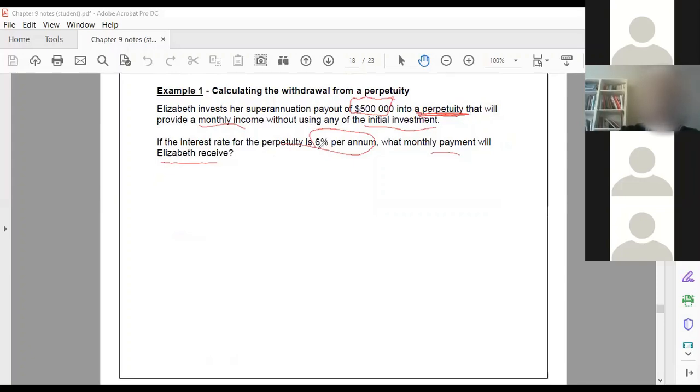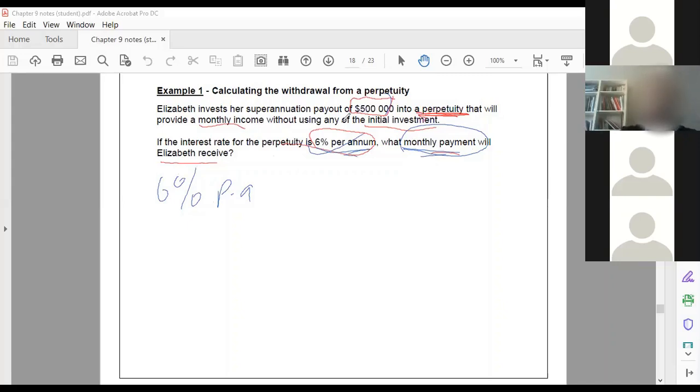Okay, for the year, she's getting 6% per annum. We want to know monthly payment. So her monthly payment, we can do two things. We can even convert this interest rate to a monthly interest rate and then work out what the interest is, and that's what's going to be her take-home pay, the monthly payment. Or we can work it out as 6% for the whole year and then just divide that interest by 12.